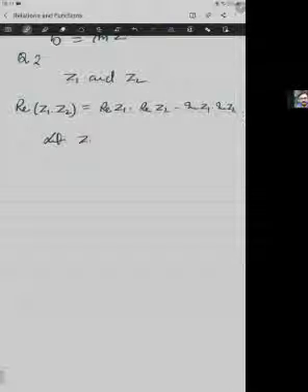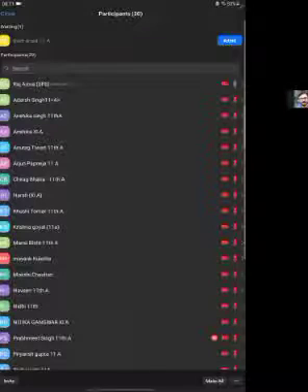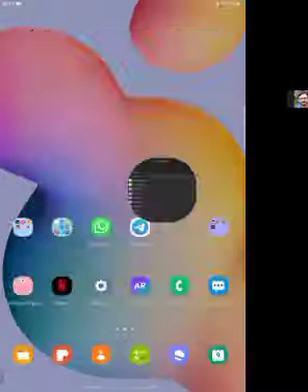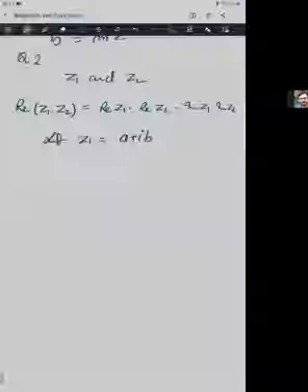Let Z1 equal A plus iB, and Z2 equal C plus iD.